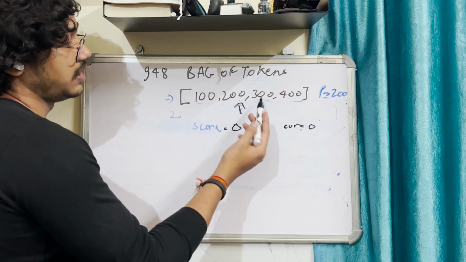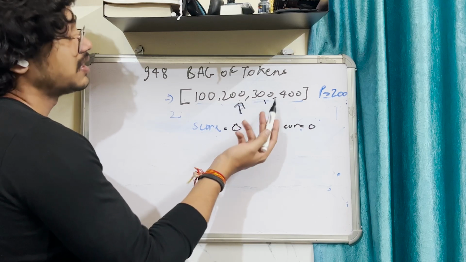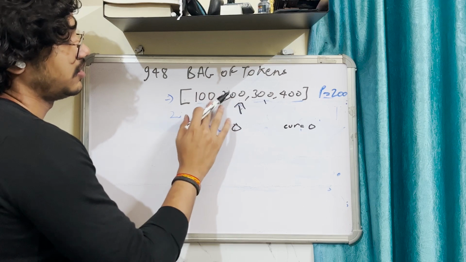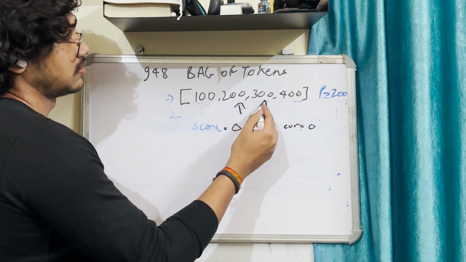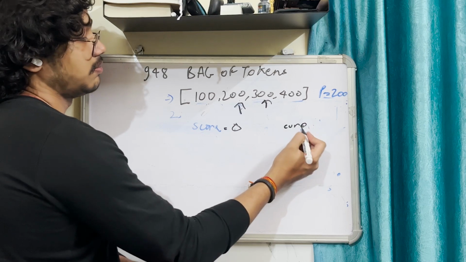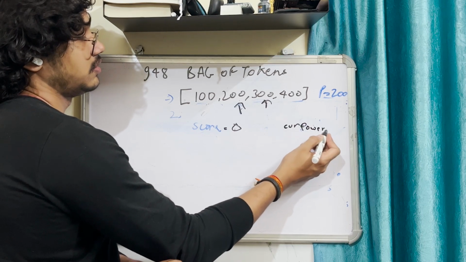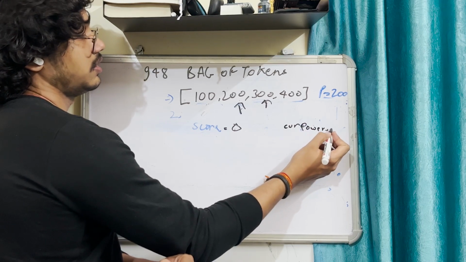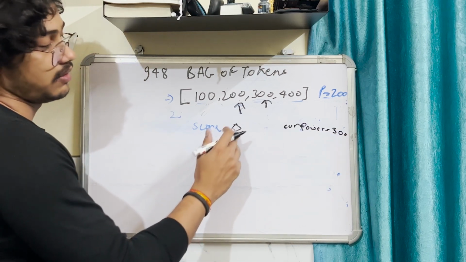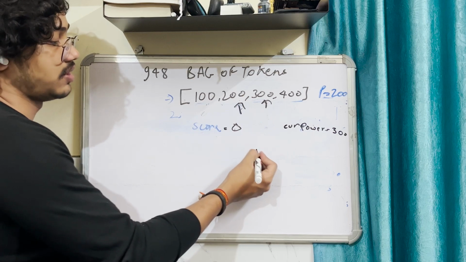For example, if you gain 300, my current power will change to 300. The score reduces by 1 because we did face down.